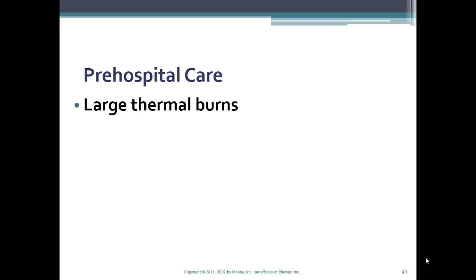You're going to put them in a clean, dry blanket or a clean, dry towel. This is because when the patient has a large area that is burnt, our skin, remember, thermoregulates, and so they're at risk for hypothermia if you immerse them in cool water or put a damp cloth on them. So again, remove that burned clothing and then just wrap them in a dry sheet, towel, or blanket.